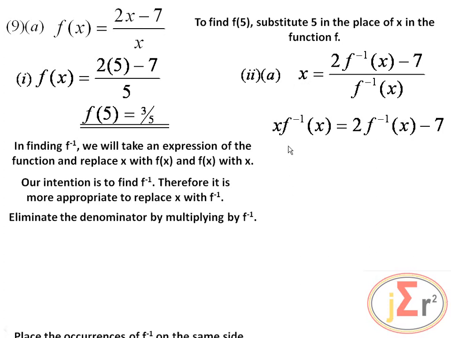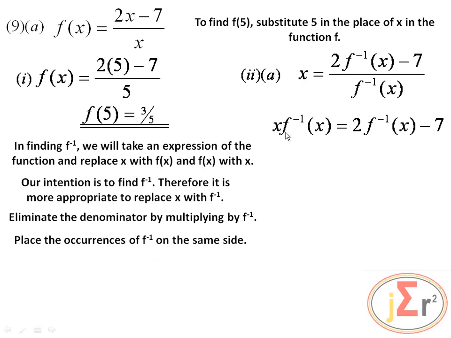Now we have two occurrences of f inverse x, one on the left and one on the right. We will place them on the same side, preferably the right hand side. So we have 2f inverse x, minus x times f inverse x. This negative 7 will be transposed to the left hand side.